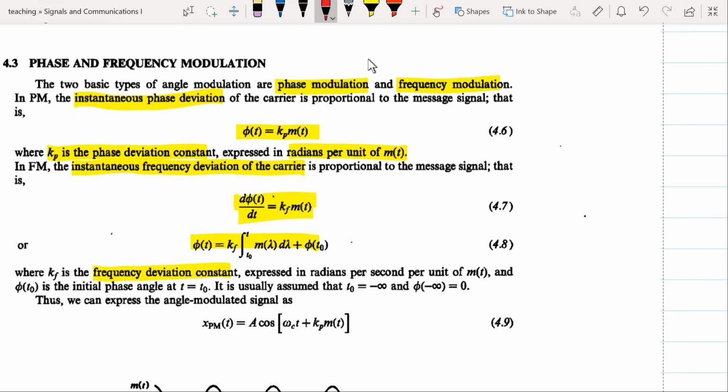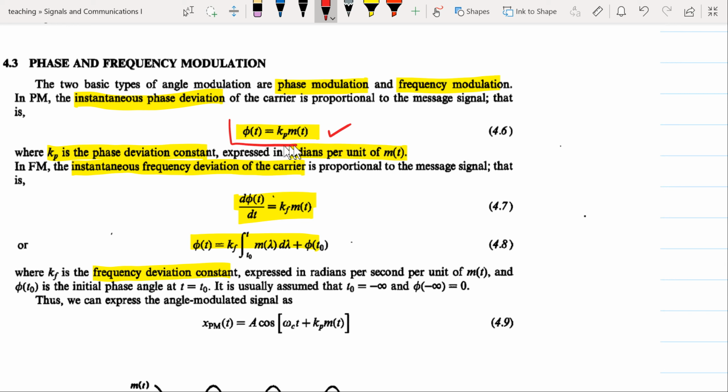And now we jump to the definition of each of these two modulation methods, that is the phase and the frequency. We say that in PM, or phase modulation, we define the instantaneous phase deviation of the carrier as being proportional to the message signal, and this is defined by equation 4.6.